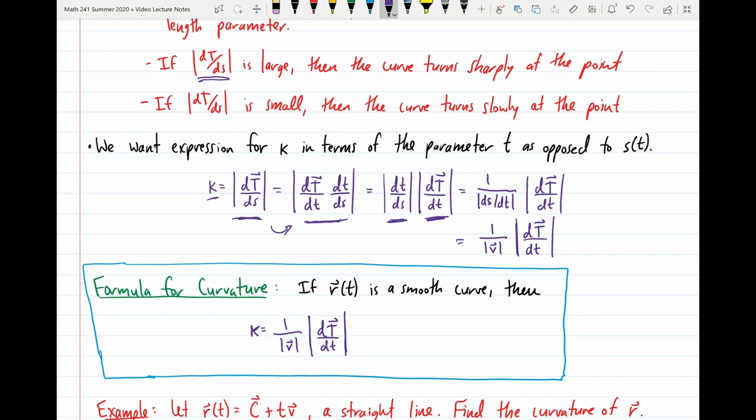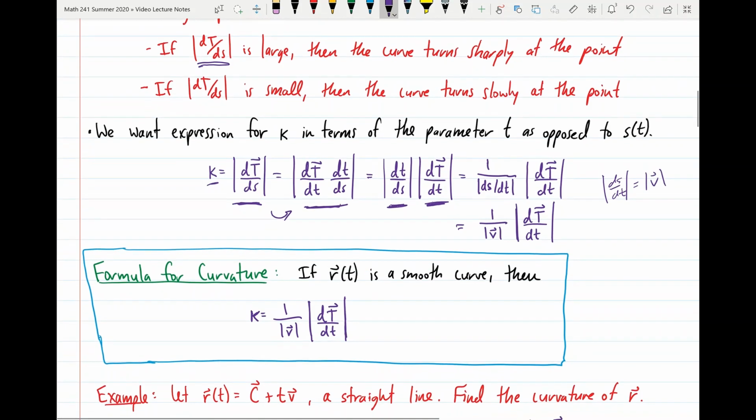And I think in the last video we said that the magnitude of ds/dt is equal to the magnitude of the velocity vector.